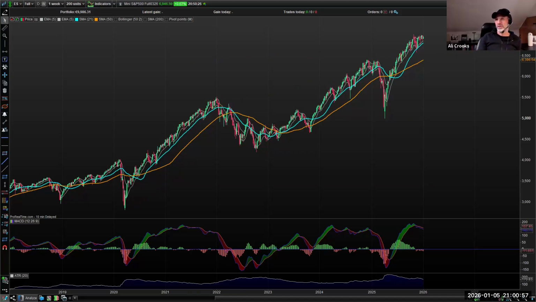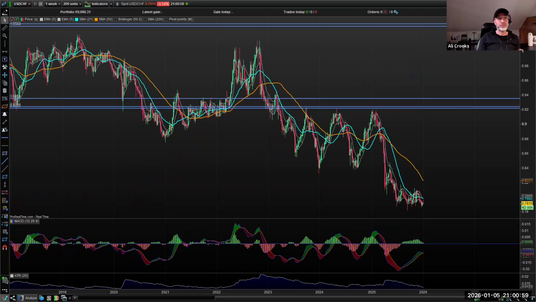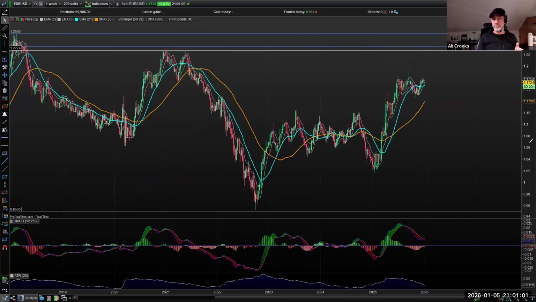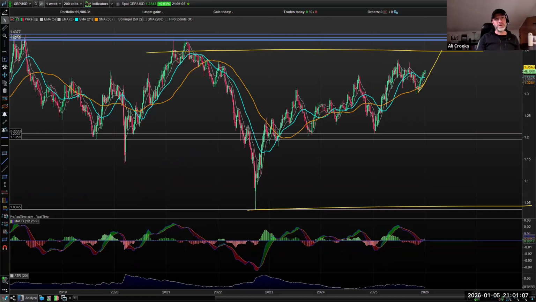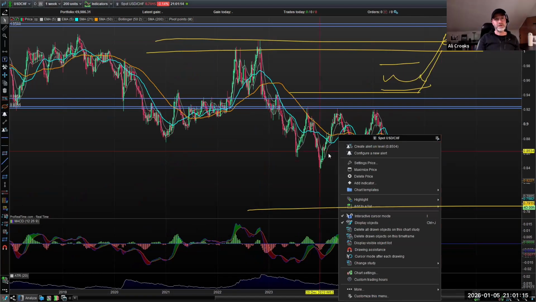So what we need for our 240s is more trending currencies to get to levels. But if we look at where currencies have been very tight, we need price to get up to here to get the reversal. Dollar Swiss, we need price to get down to the next level.